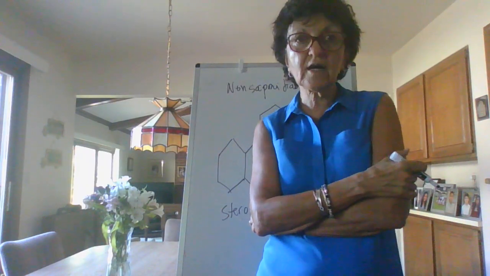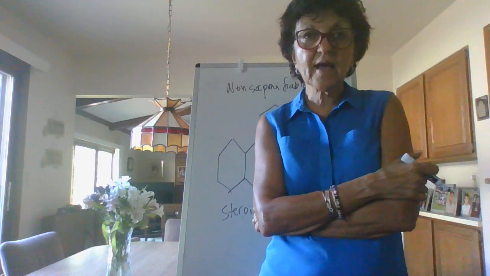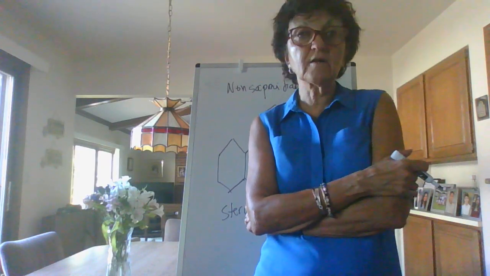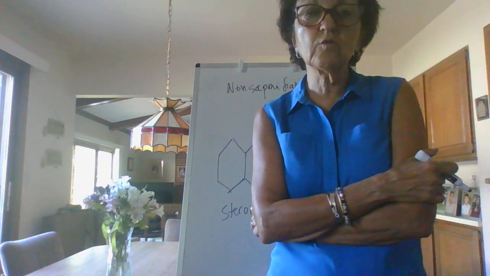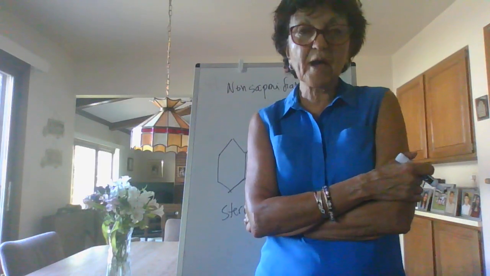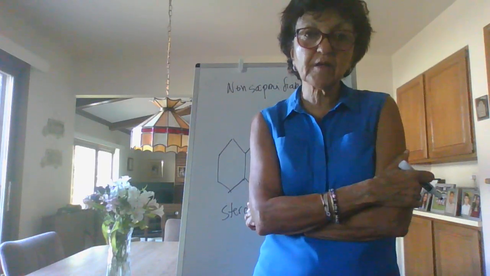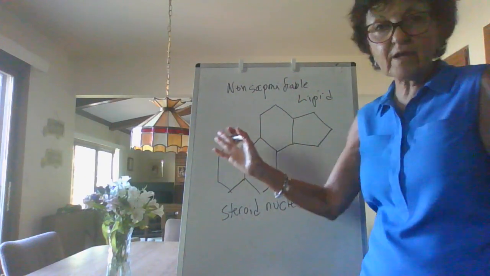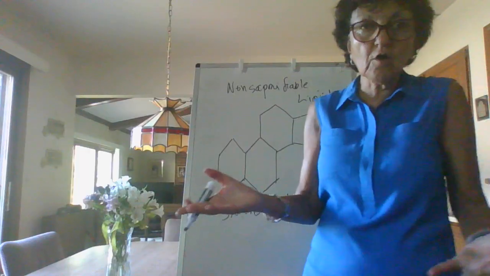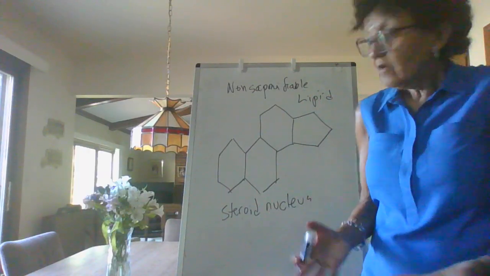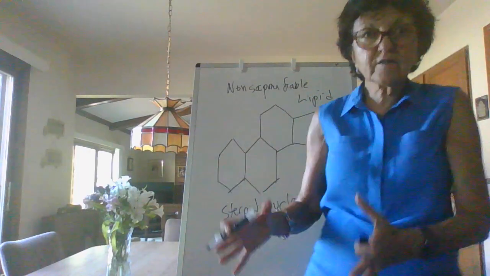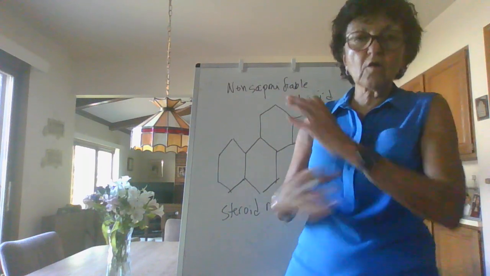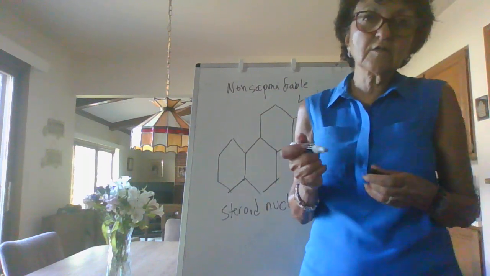Remember how I told you guys that anything that has an ester group in it, you can do a saponification reaction, or you will be able to make soap out of it. And we're going to talk about saponification in the next video. But you can see here that there's no ester. Do you see a carbonyl O anywhere? No ester. So this is in the non-saponifiable lipid category. Sterols, steroids, all that category are all non-saponifiable.